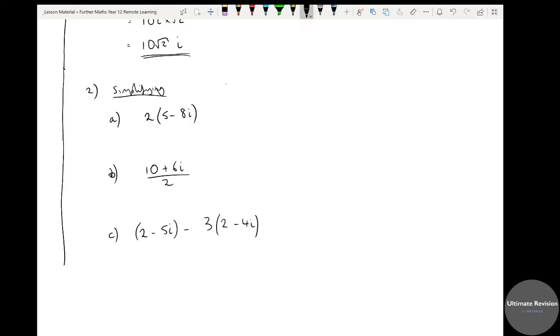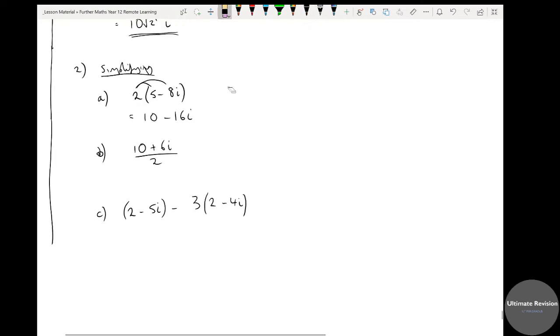Okay, these same rules apply, nothing new in maths here. So multiply out the brackets for this first one. 10 minus 16i. Okay, straight away, it's nothing too hard there.